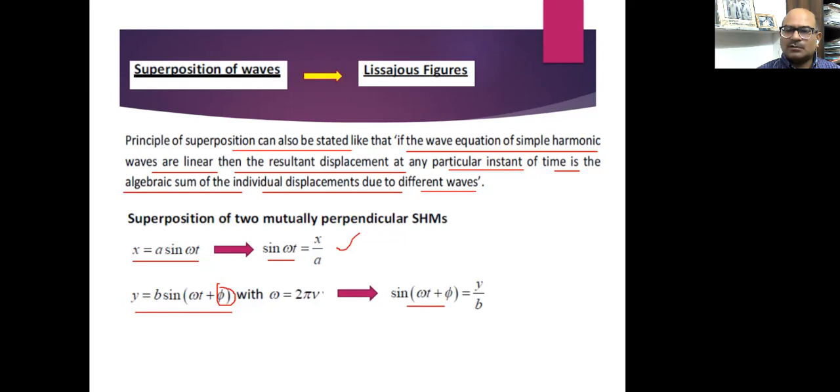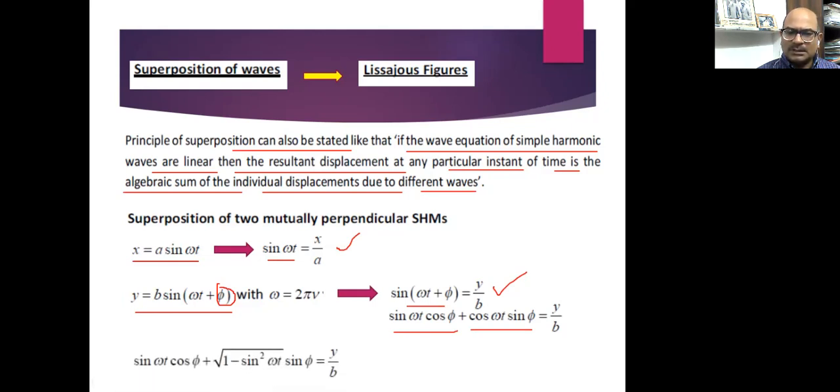So sine (omega t plus phi) is equal to y by b. Now we can open this with the trigonometrical formula, sine omega t cos phi plus cos omega t sine phi. We'll put the values accordingly and solve it. We'll put cos omega t as under root 1 minus sine square omega t, and this way.